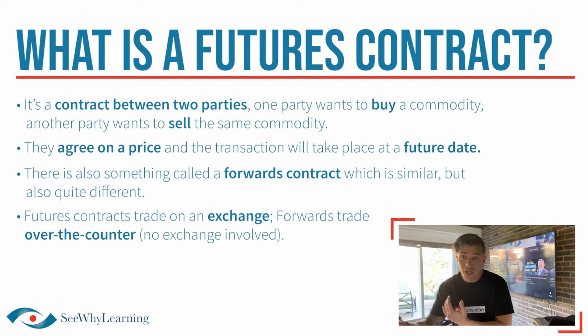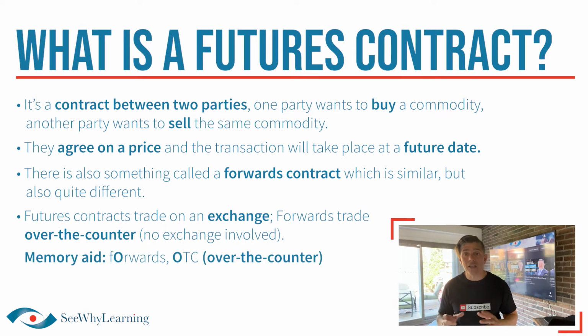It's just you and another party entering into a contract in the over-the-counter market. The key thing that could pop up on the exam is that futures trade on an exchange, forwards trade over-the-counter. Great little memory aid, works for me: forward has the letter O in it, and so does OTC. So that's how I keep them straight.